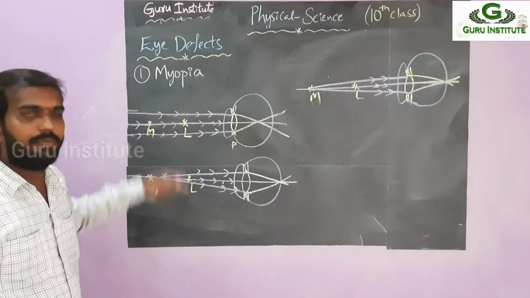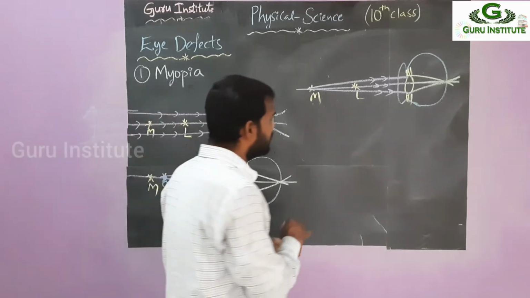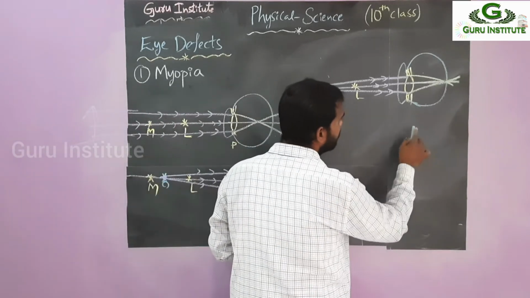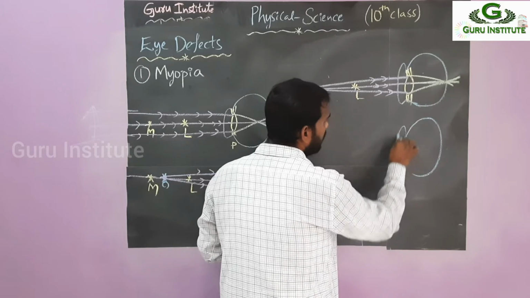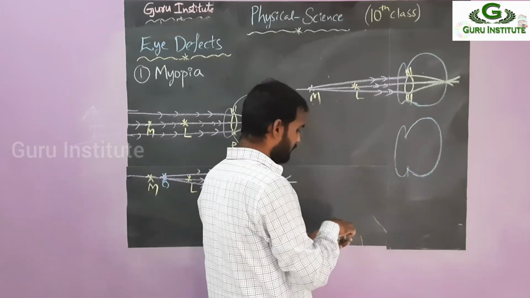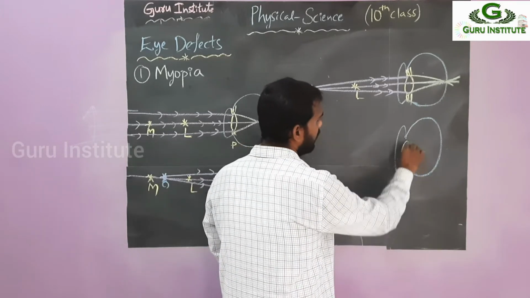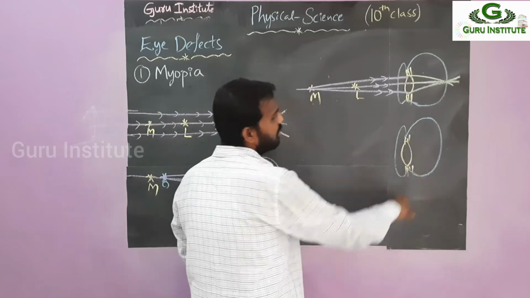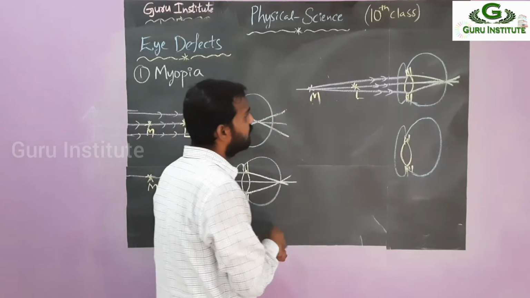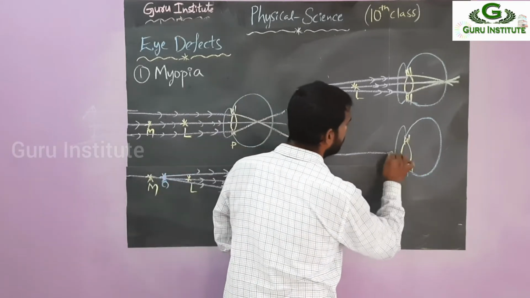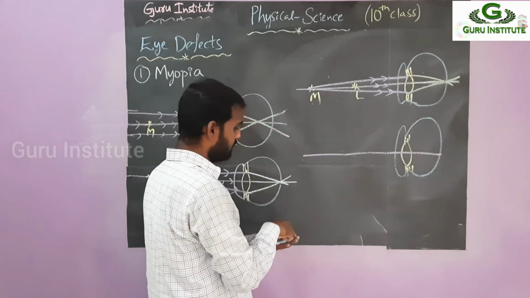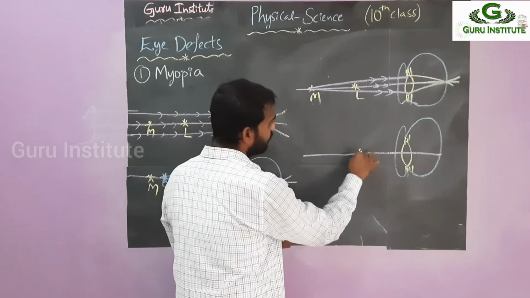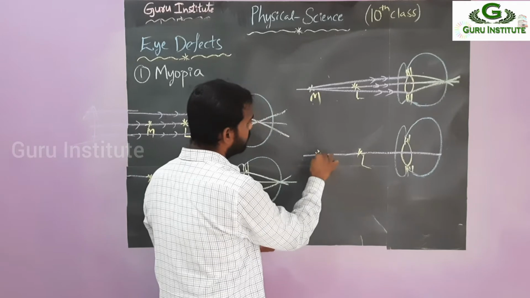the rays are also from a point object. Suppose this is a point object. Simply you can draw this one. Again the lens. Then what you have to draw? Principal axis. Then place L only, M place M only.